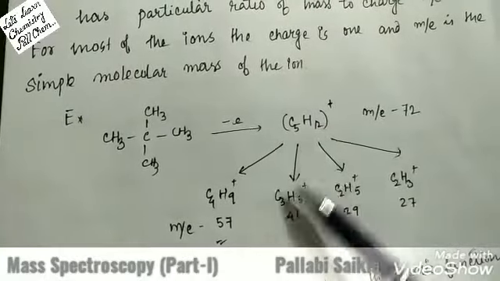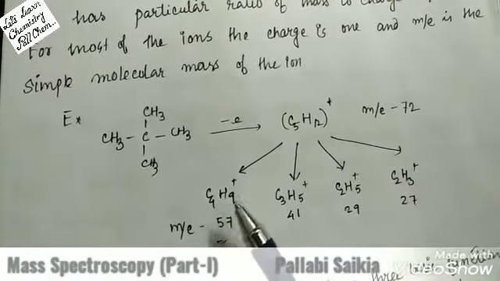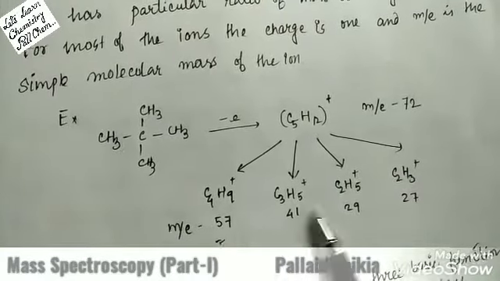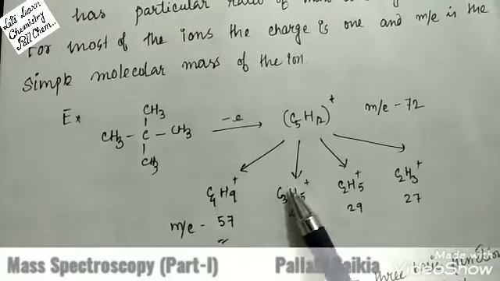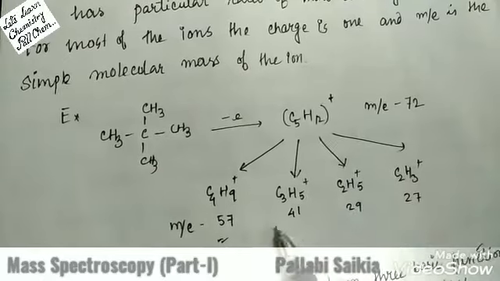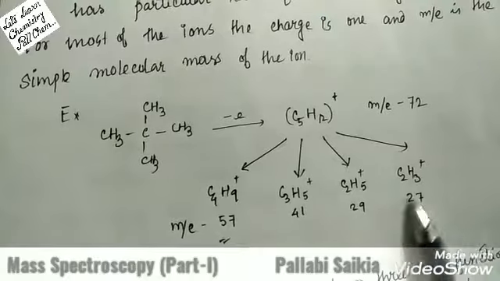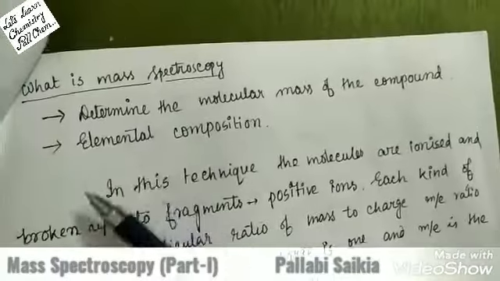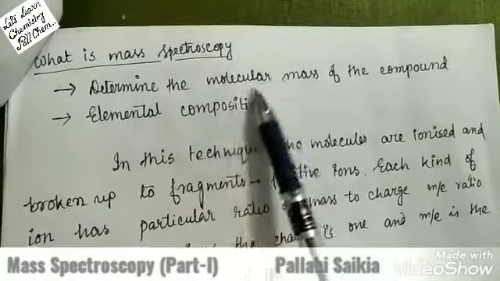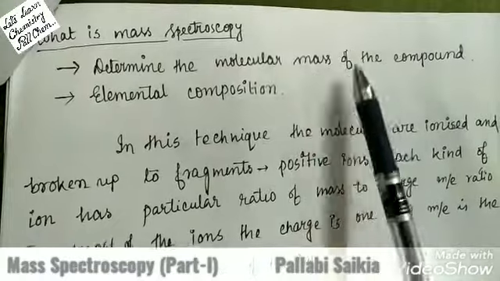Further, it will fragment into different types of ions of different masses, like C4H9+, that is 57, C3H5+ of mass 41, C2H5+ of mass 29, C2H3+ of 27. So the molecule has different fragment masses, and the molecular mass of the compound will be determined in mass spectroscopy.